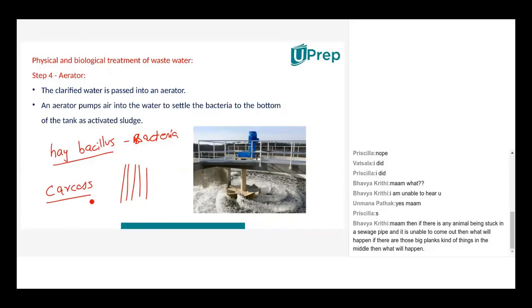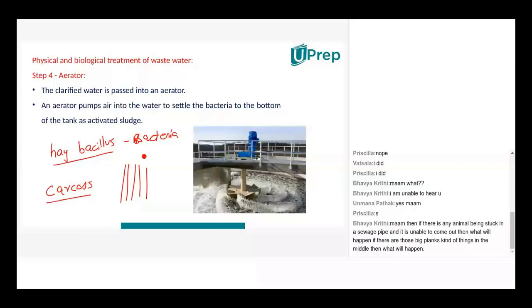No, how will that animal pass through those huge pipes? Because it has traveled a long distance to reach the wastewater treatment plant. Just imagine where our house is and where the wastewater treatment plant is. It is maybe a few kilometers. Yes, ma'am. Like when the drainage water goes from our house into those sewage pipes, what if it gets flowed away with the water?